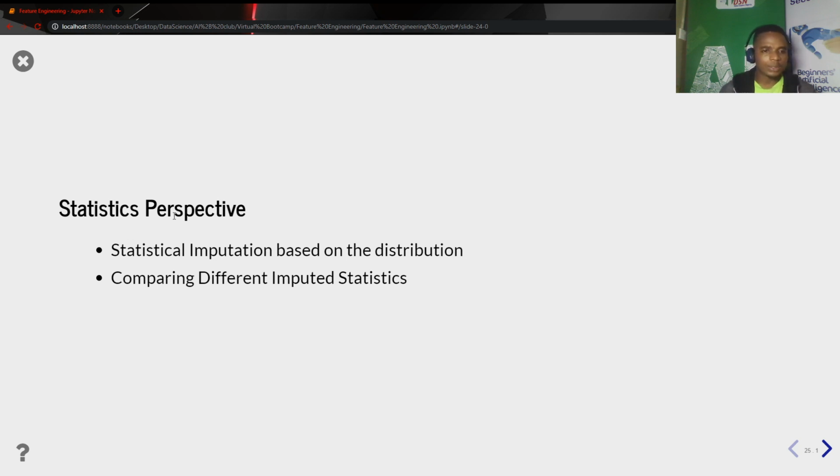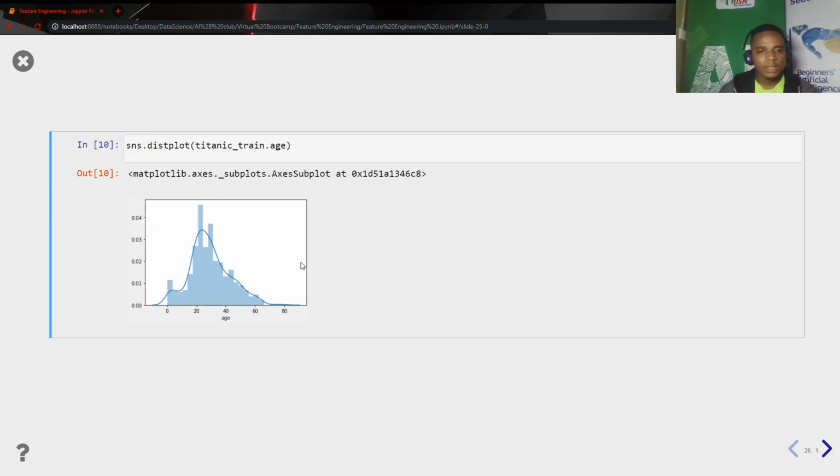How can we handle this? Let's look at it from the statistical perspective. We can do some statistical imputation based on distribution. We can also do some comparison, which we're going to do later in the day with PPScore and correlation. Now, if I pick a feature out of the data set, for instance the age feature, and I look at the distribution, this is almost a Gaussian distribution.